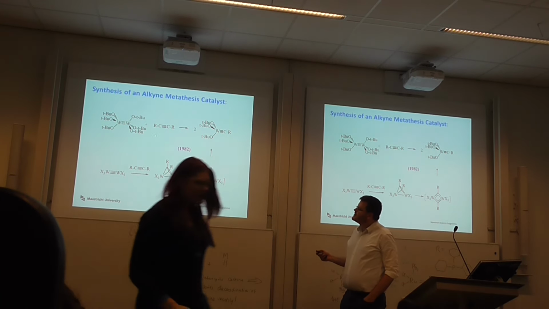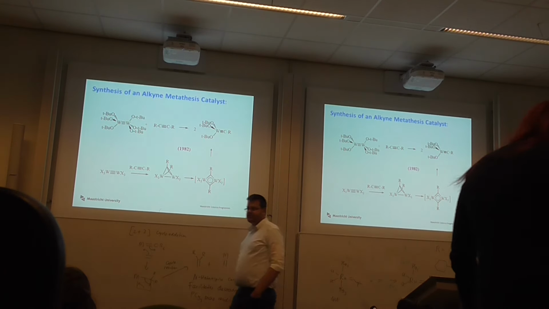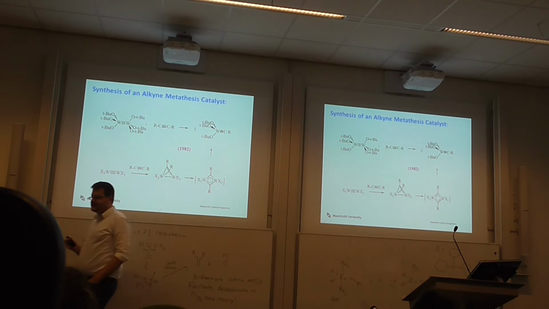If you take this ditungsten complex, there's a threefold bond between the two tungsten atoms, right? And you react it with an alkyne, where R is typically a sterically demanding group like tertiary butyl on the one end and H on the other.